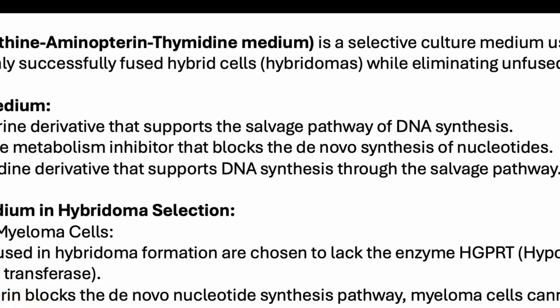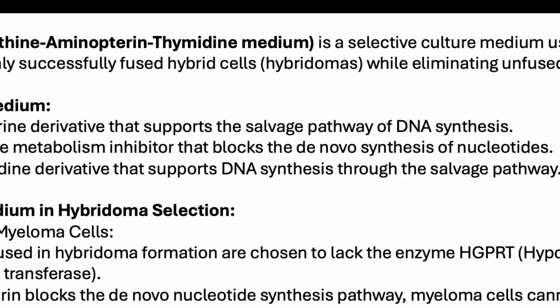Now, because myeloma cells lack HGPRT, they die in HAT medium. For the salvage pathway to function, you need this enzyme, but the myeloma cells do not have it. So when you grow myeloma cells on this selection medium, they will die. But fused cells, which have now acquired the ability to use the salvage pathway, will survive.